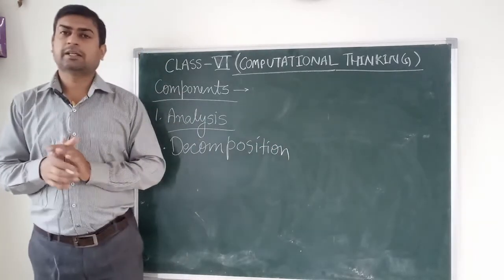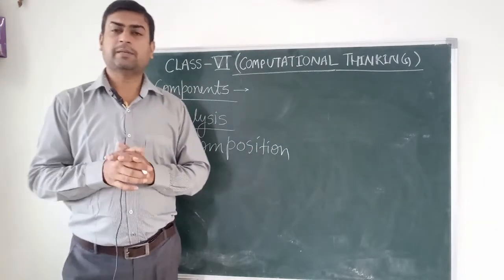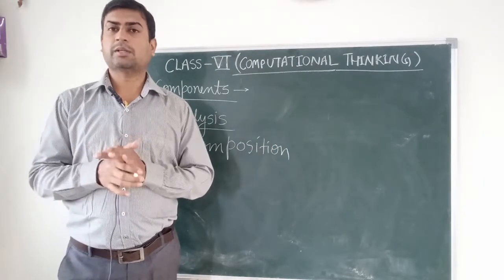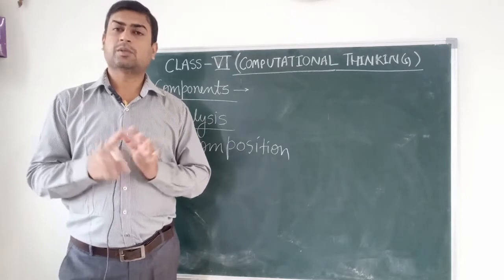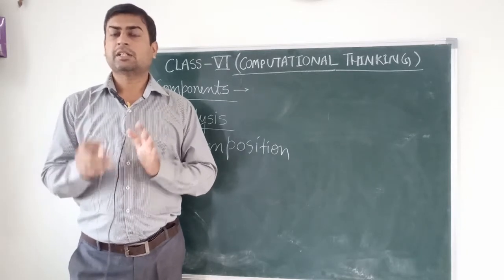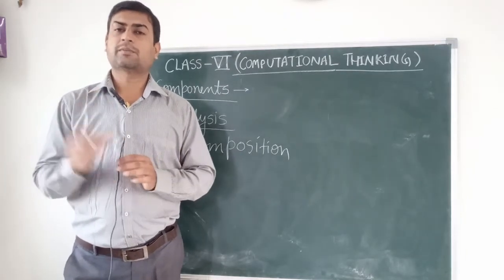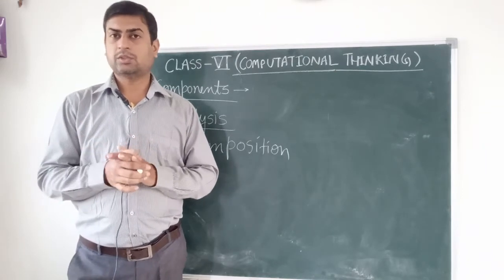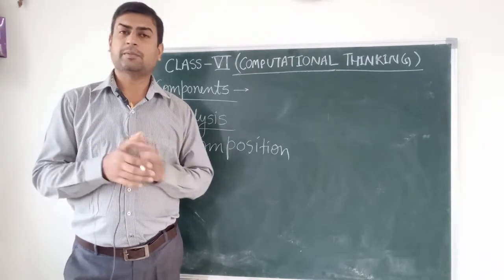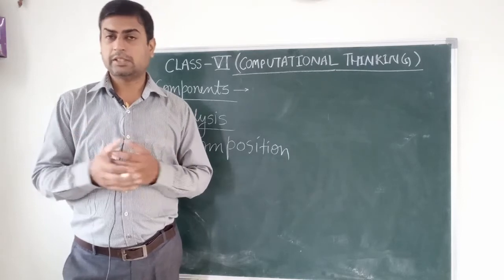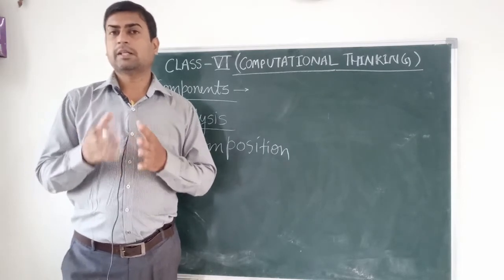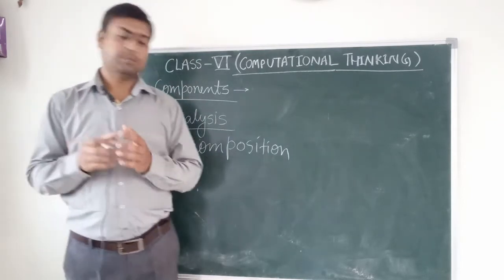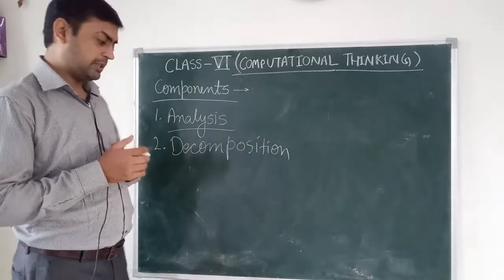Second is decomposition. In decomposition, we are breaking down the main problem into smaller parts. We are trying to solve each level of the problem, and we are finding a solution. So in this main problem, planting new trees, how will we find the solution? We have to break it down into smaller parts.